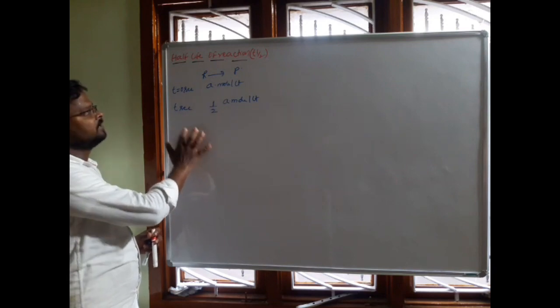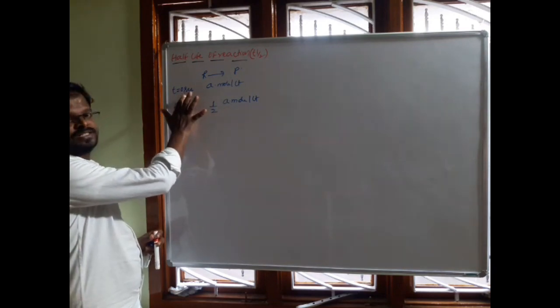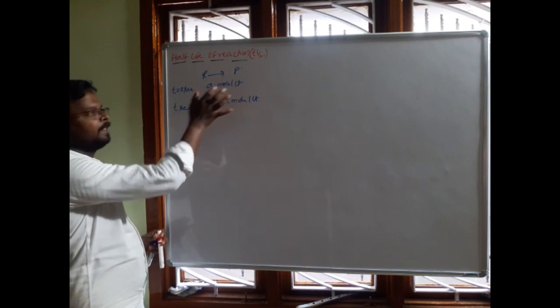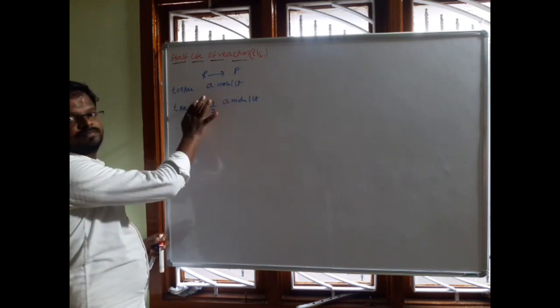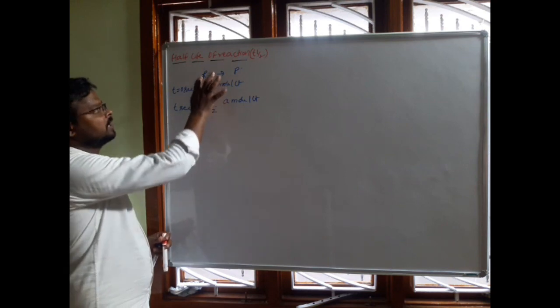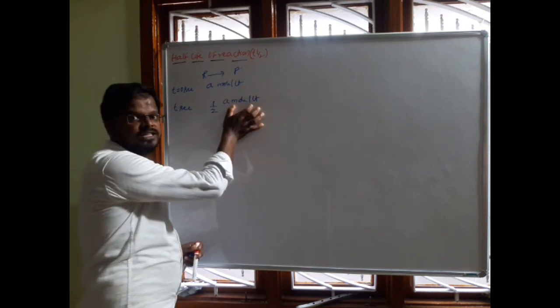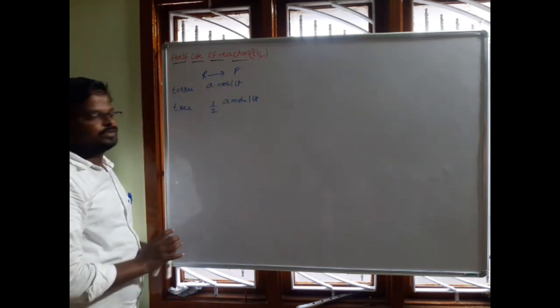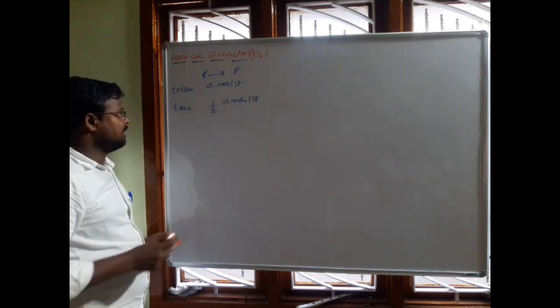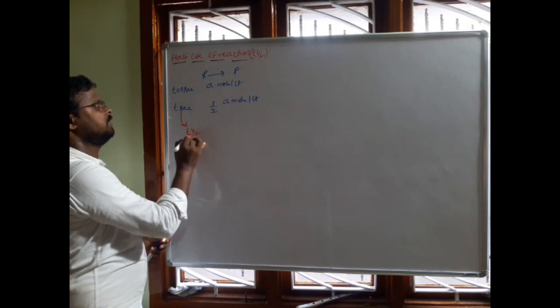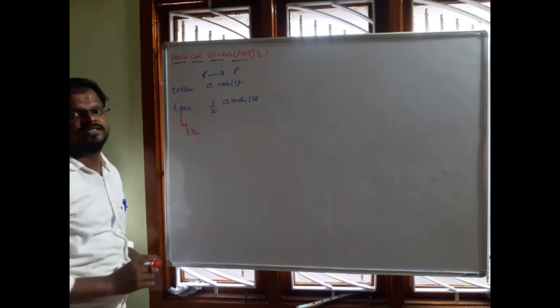Half-life means, at time t equal to 0 seconds, the concentration of the reactant is A moles per liter. At a particular time t seconds, the concentration of the reactant becomes 1/2 of the initial concentration. This time is called T half.